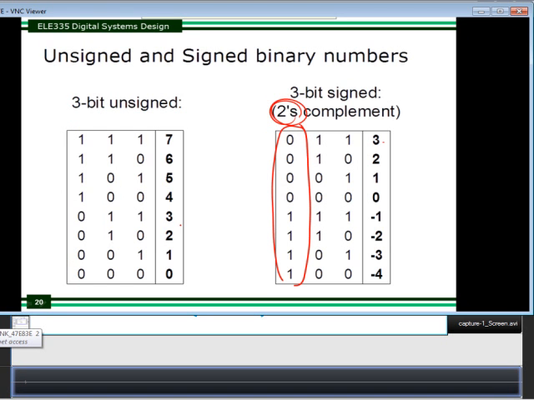Let's take a small step backwards, and I'm going to introduce a new table, 3-bit signed using a sign bit.